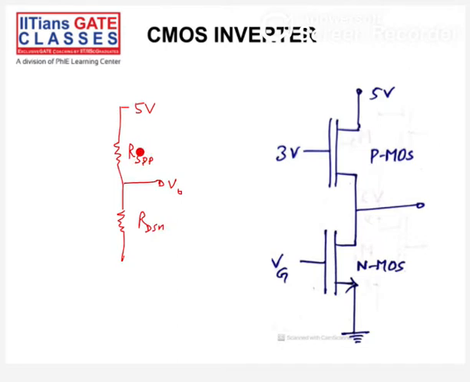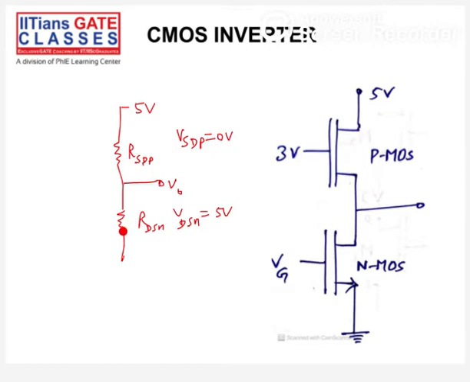If this is very small, then VSDP will be 0 volt almost. And if this is large, then all the voltage will drop across this, and in that case VDSN will be 5 volt. Whatever voltage is there, it will appear here.